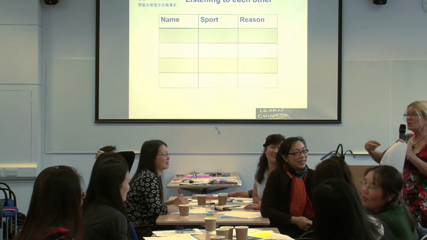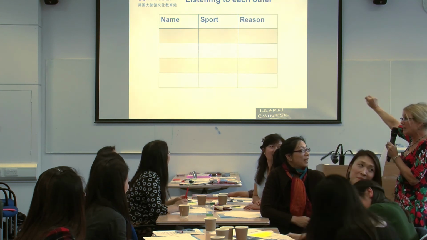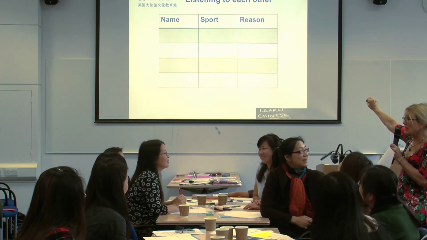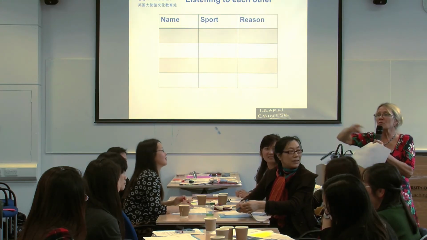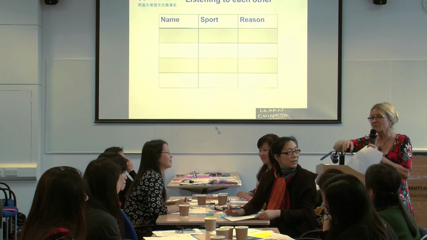Okay, so under sport, what is she going to write? No sport. 没有运动 and 因为 the answer. Okay, again I would do 3 open pairs, but we don't have time.